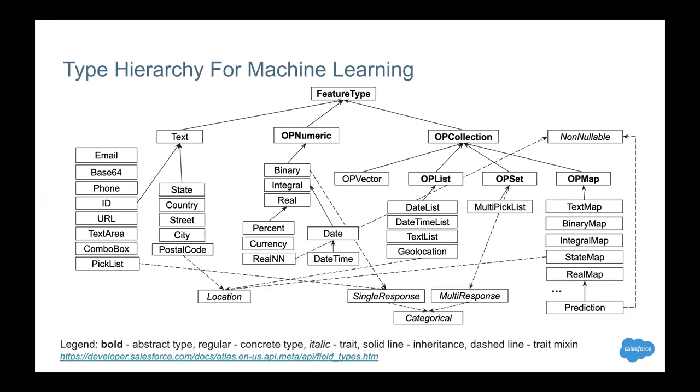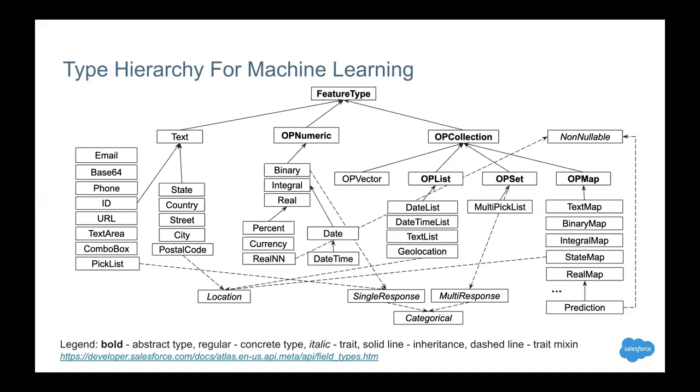So first of all, it starts from a type hierarchy. TransmogrifAI operates mainly based on data types, for which we build this beautiful type hierarchy that we actually use for machine learning specific applications.